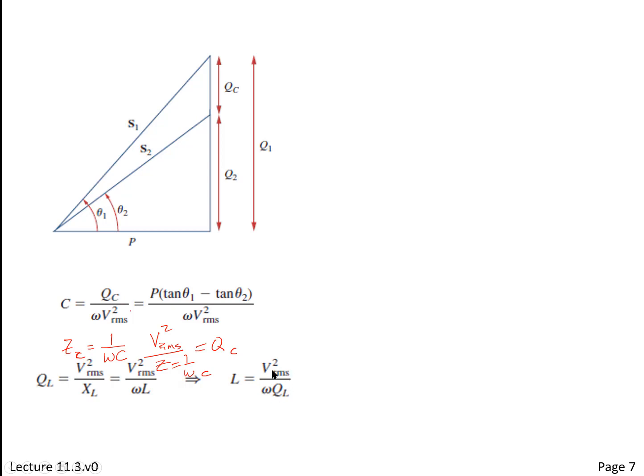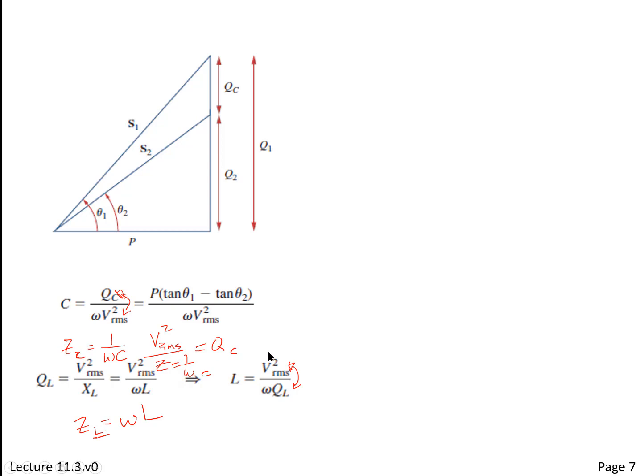Here it's the voltage divided by omega times the reactive power, whereas there it's the reactive power divided by omega V squared, but that's simply a reflection of this. Z sub C is 1 over omega C, whereas Z sub L is the direct comparison, omega L. So the omegas, the Q's and L's basically just reversed from what they were over there, and that's simply a reflection of how Z is defined.